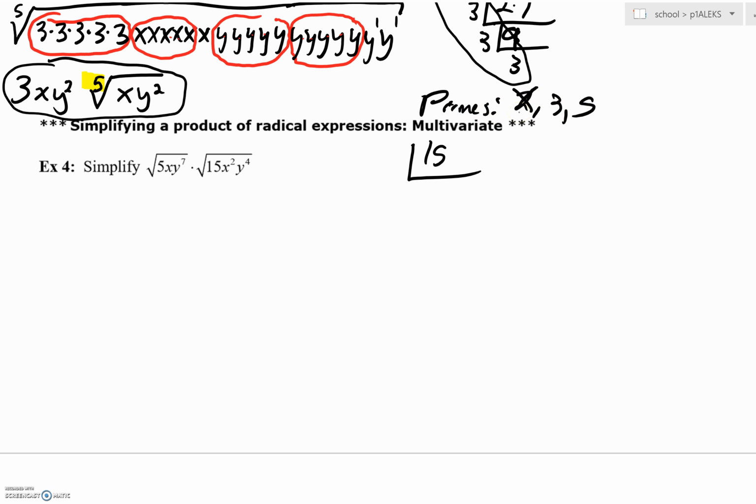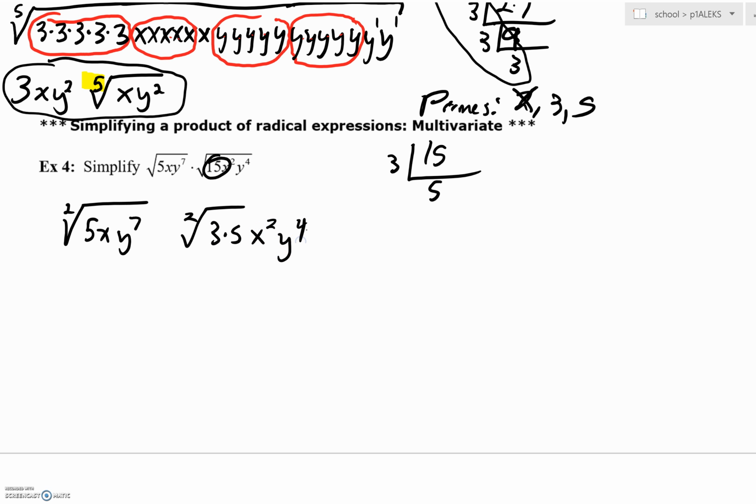Obviously, 15 is not even. We want to start looking at the next smallest prime number, like a 3, and sure enough, that's 3 times 5. So please understand, these are second roots, and this is a second root, but this 15 is really 3 times 5.